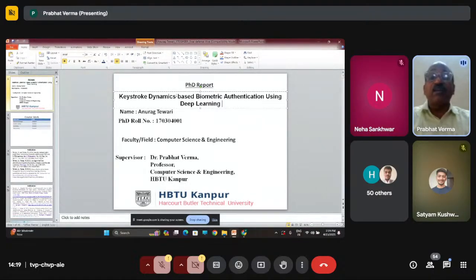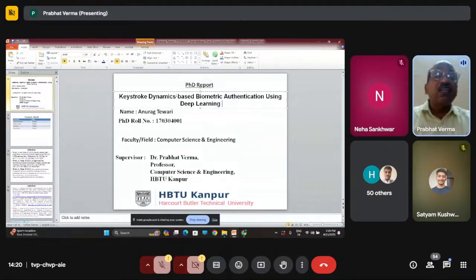Keystroke dynamics means the person is making use of the computer's keys for typing. So the behavior of his typing pattern determines the authentication of that person. Your system is continuously authenticating the person based on his keystroke behavior, at what pace he is typing the keys.